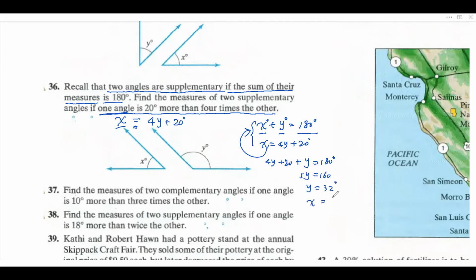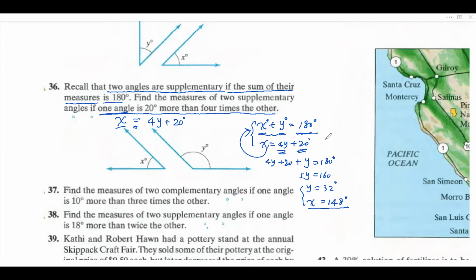So x equals what? Put 32 here, 4 times 32 is 128, 128 plus 20, so you get 148. Also, you can put it back here: y is 32, and the sum of these two will be 180. So x is 148 as well. So yes, that's the answer. Did you guys get the same? Is your answer the same or different?